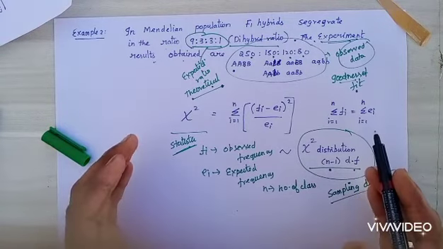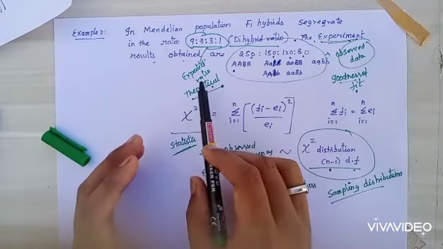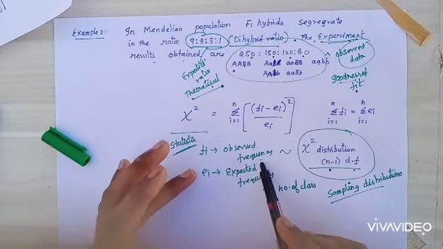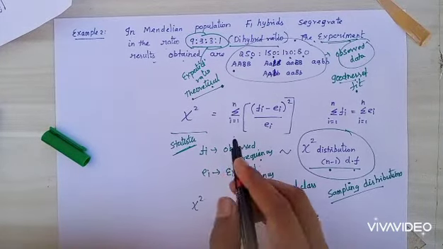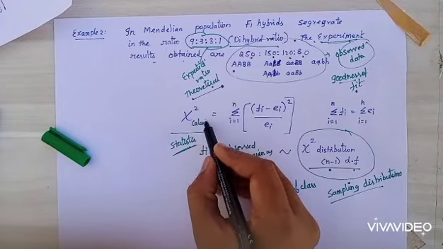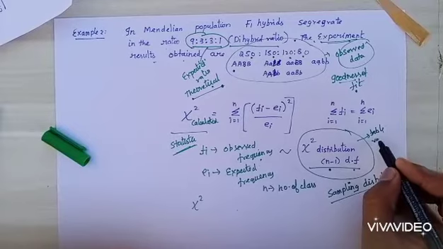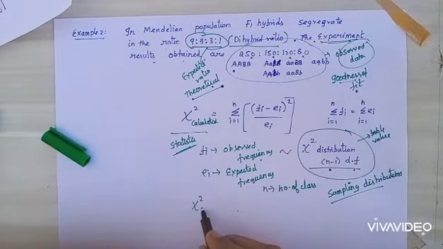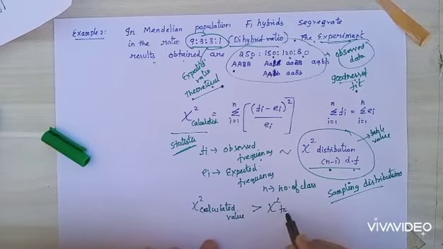Based on this formula we will find whether the expected frequency is equal to the observed frequency. This formula gives the calculated value, and this one will be the table value. If the chi-square calculated value is greater than the chi-square table value, then we will say significant.